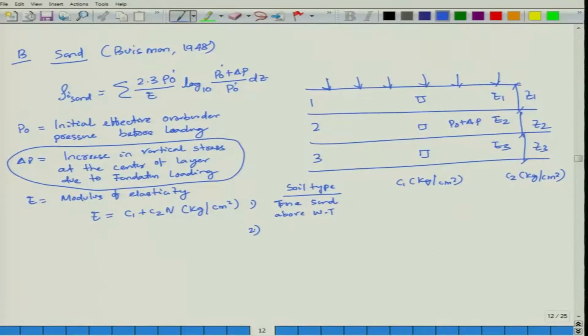Second one is your fine sand below water table. So, this will be 52 and this will be 3.3, and this is 71 and this will be 4.9.